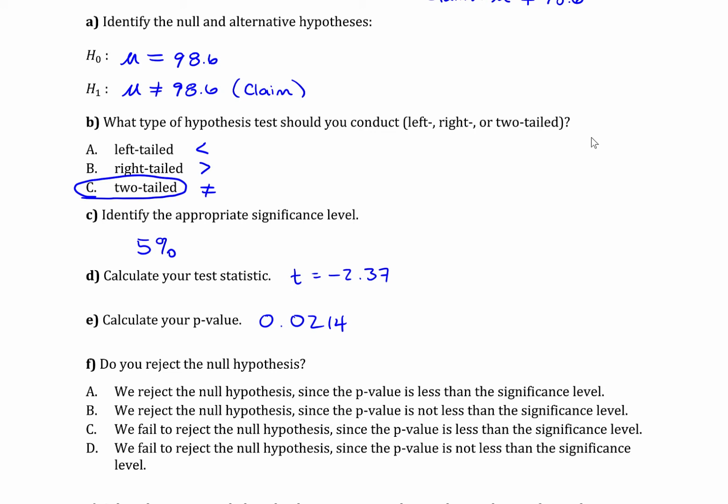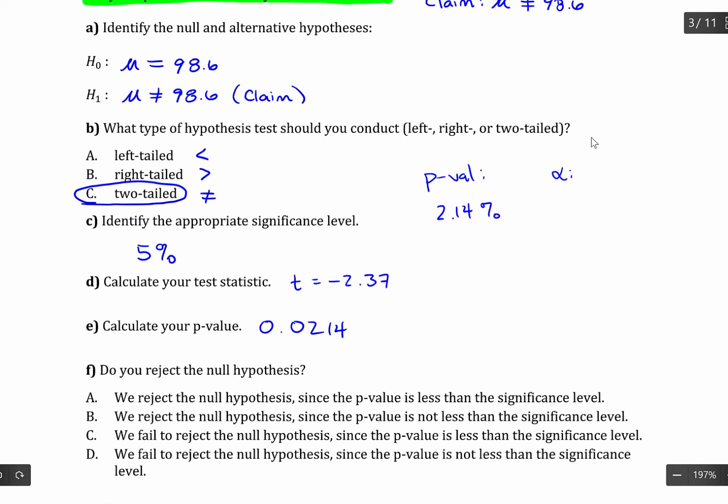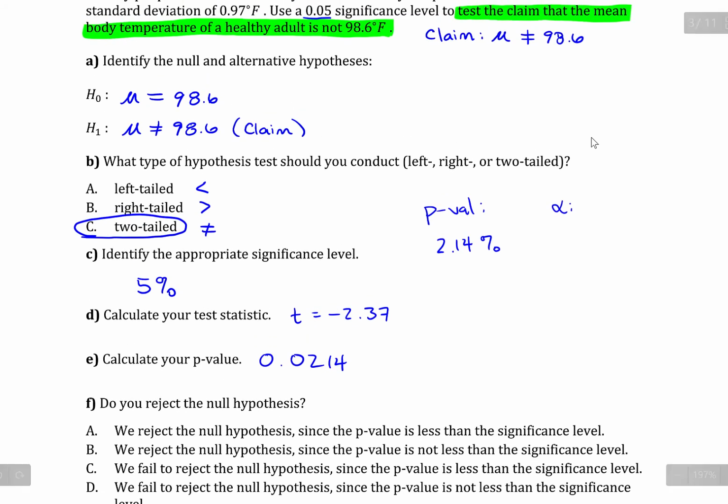Now, a decision. Do you reject the null hypothesis? To make the decision in a hypothesis test, we take our p-value, the one that we just came up with, 2.14%, and we compare it to the alpha level, the level of significance, which is 5%.